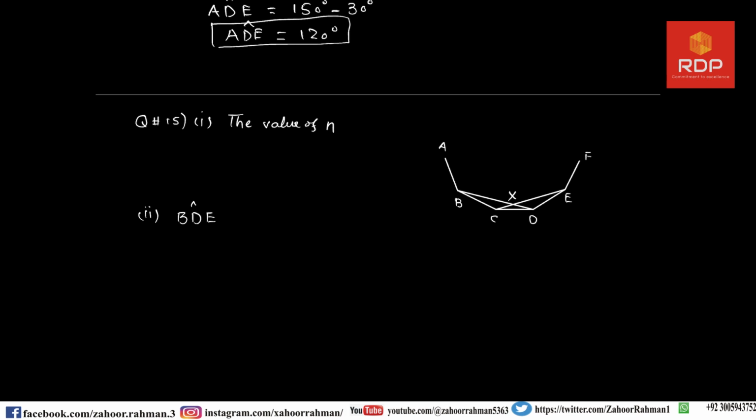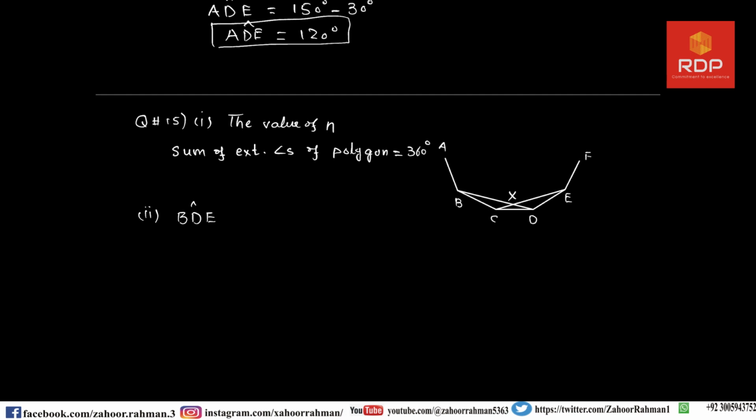We know that the sum of exterior angles of a polygon is equal to 360 degree. There are 36 degree given to us.